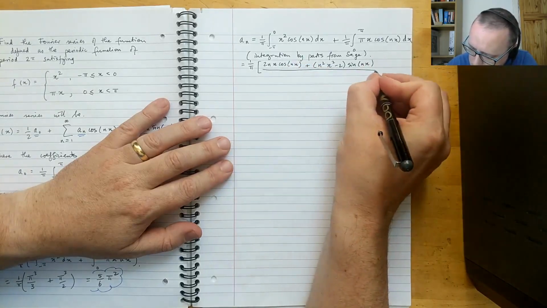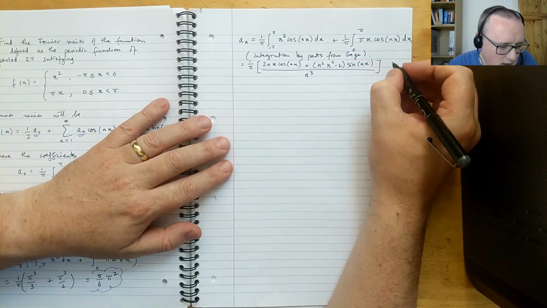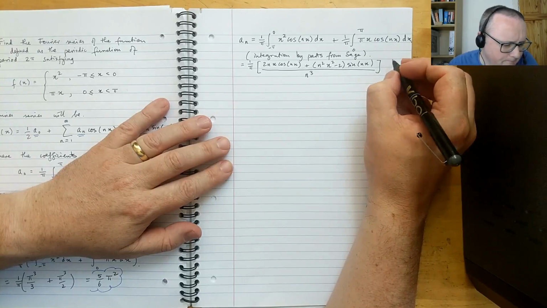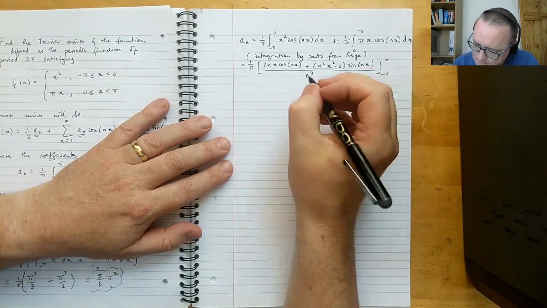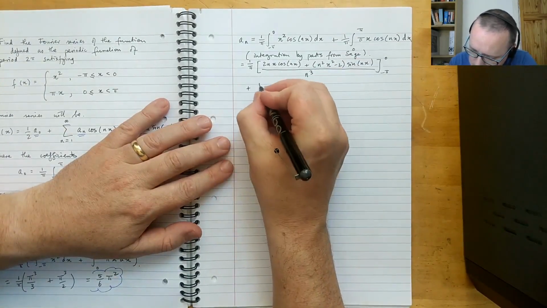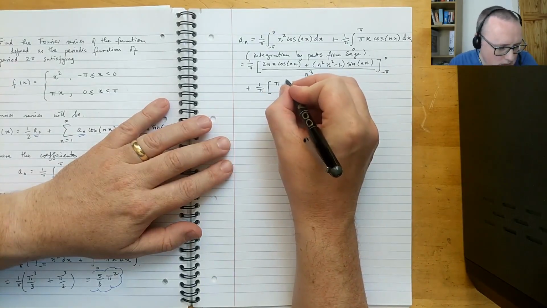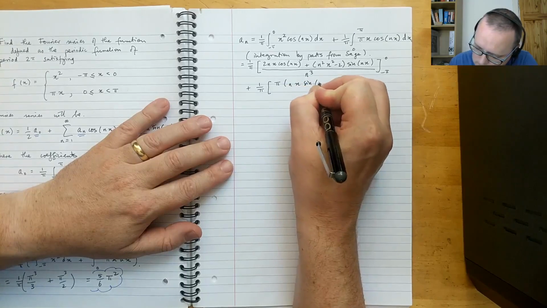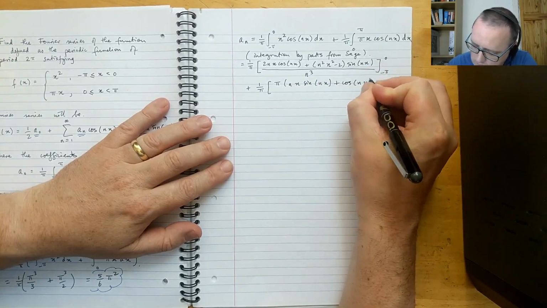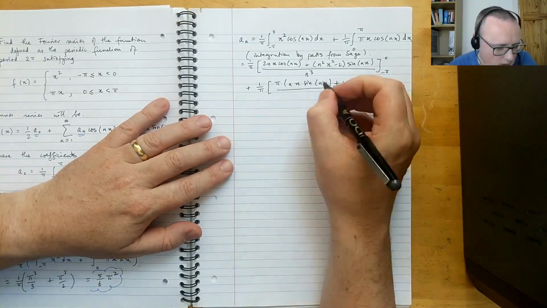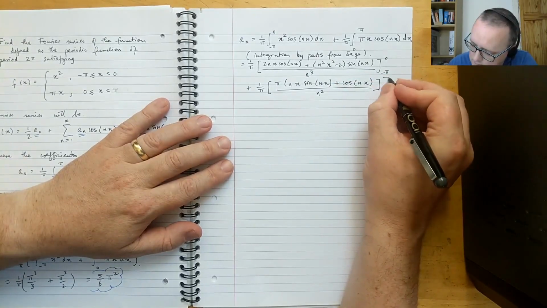The whole thing is over the denominator n cubed, and this gets evaluated from minus pi up to 0. And then the result of the other integral is 1 over pi, and that second outcome there was pi times nx sine nx plus cosine of nx, and that's all over the denominator n squared. And this is evaluated from 0 to pi.